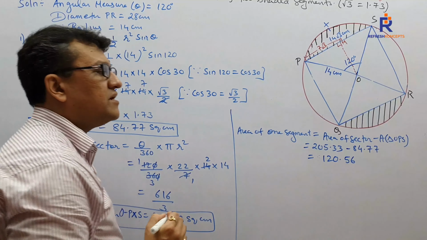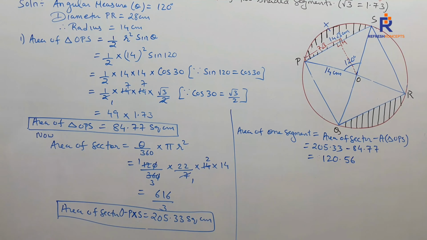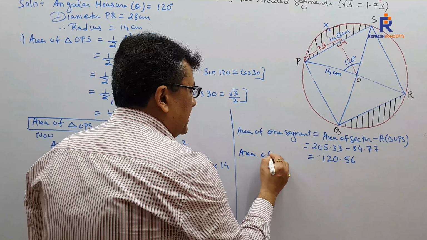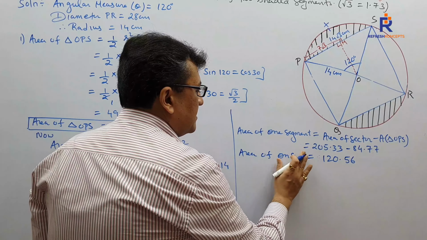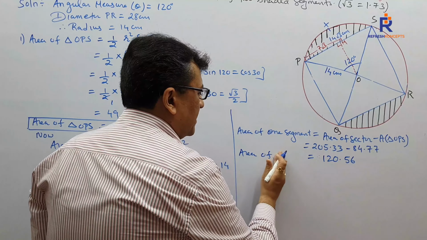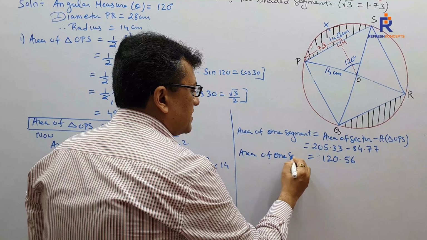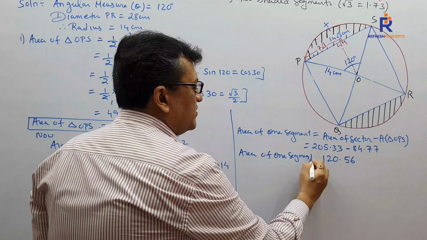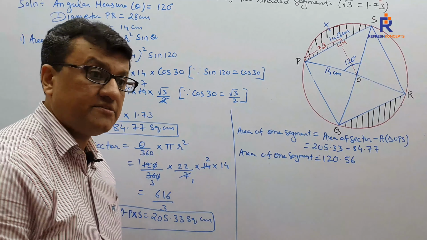But this is the area of one segment, mind you. How many segments do we have? We have 2 such segments.